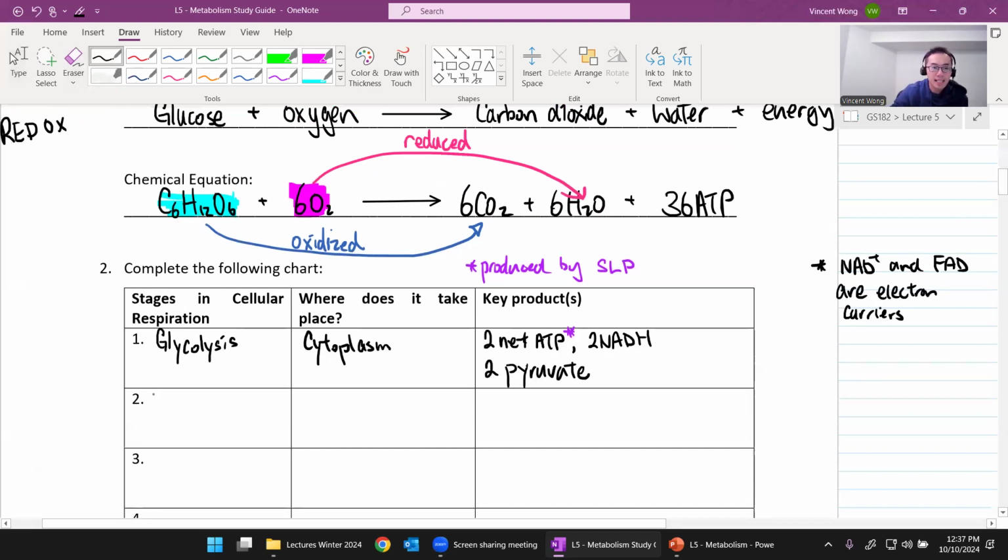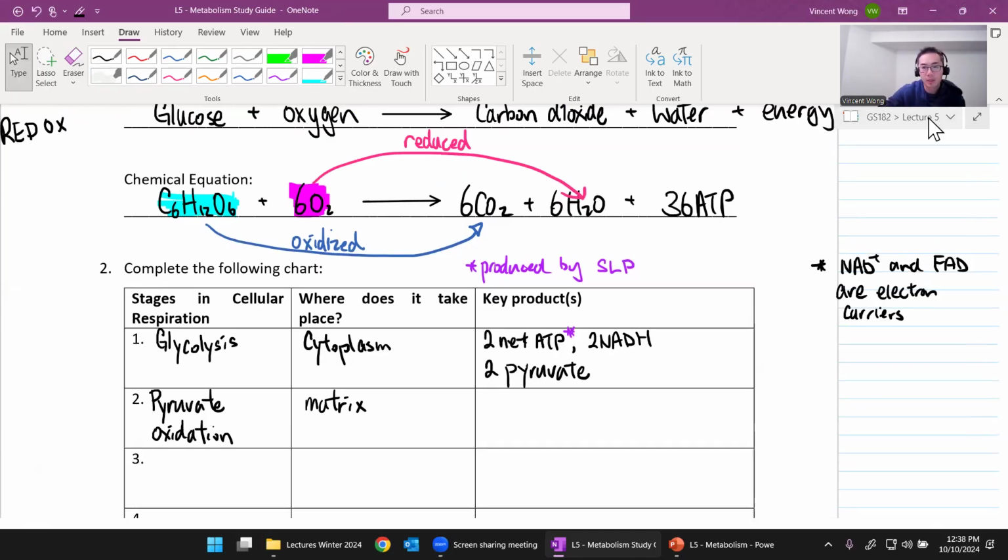Okay, the second step is pyruvate oxidation. And that is happening in the matrix. So the pyruvate that we produced from step 1 is going to enter the matrix of the mitochondria, and then it's going to undergo 3 reactions.